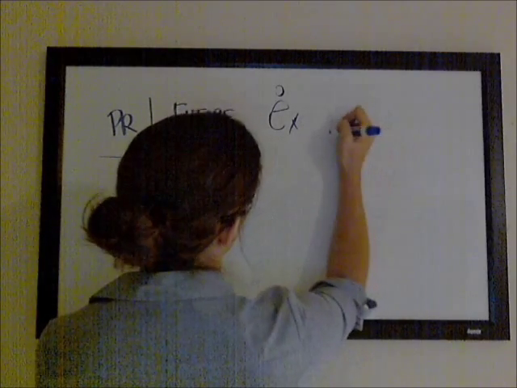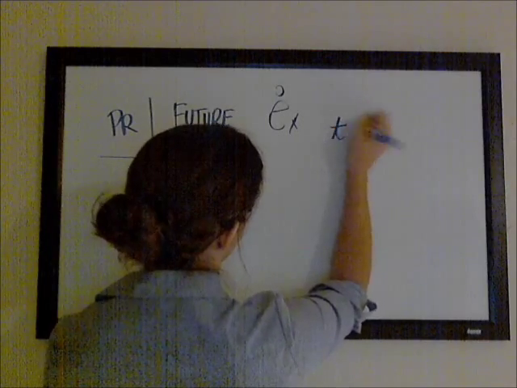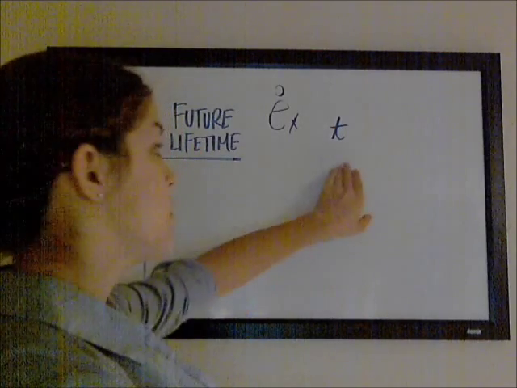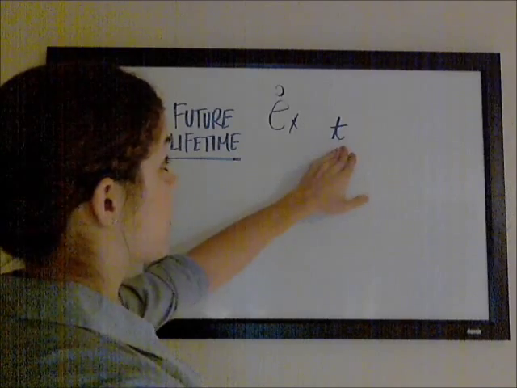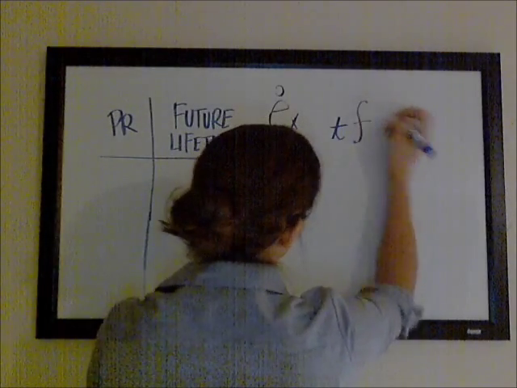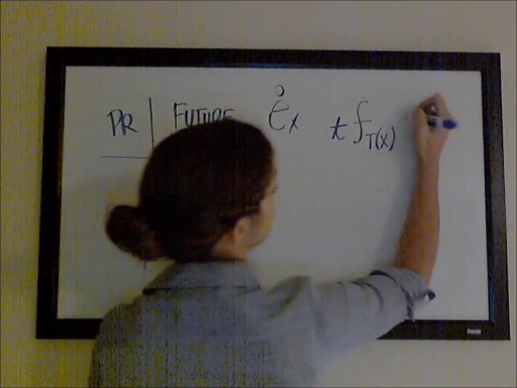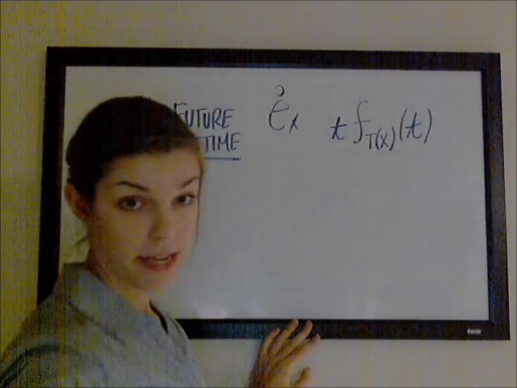The values that the future lifetime will take on, we're going to call it t now instead of k because it's continuous. So it's the value that the future lifetime can take on times its corresponding probability.